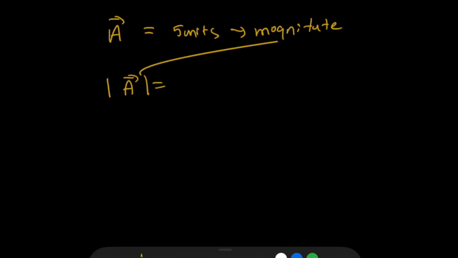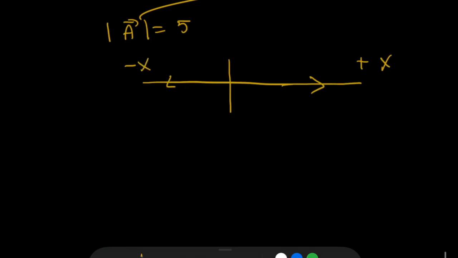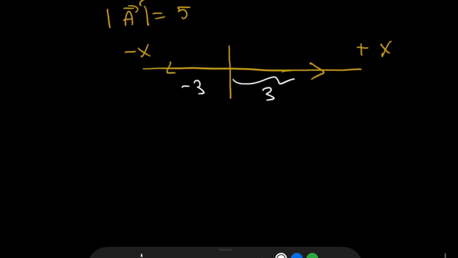The magnitude is just 5. It means that this is the positive x, this is minus x, and we have 3 and negative 3.